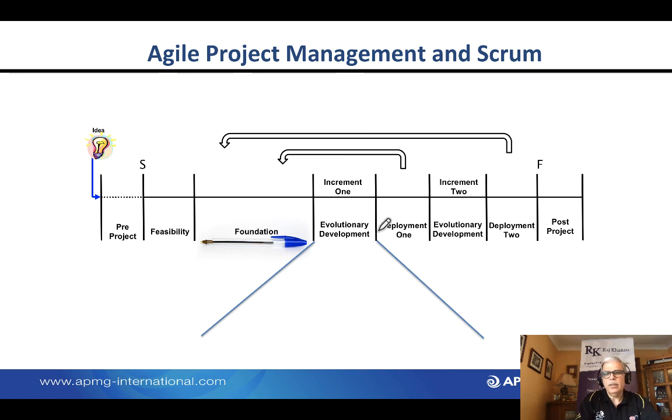So let's imagine the delivery of a pen. In foundation, we'll try and understand what that pen is actually going to consist of. As you see, it's got the top, it's got the body, and it's got the inside, the writing element of the pen. The choice really is we can deliver the writing bit and the barrel at the end of an increment, or we can simply deliver the inside bit.